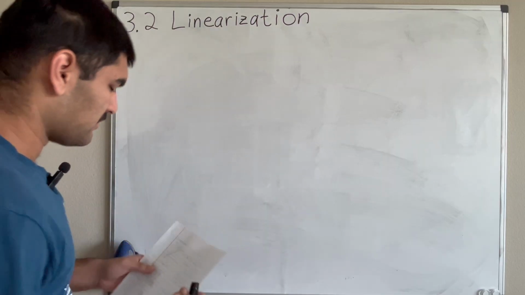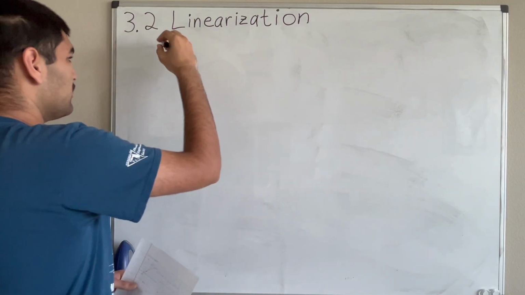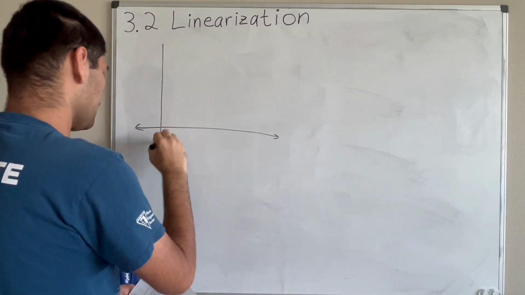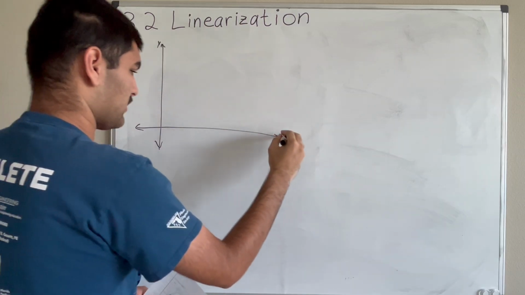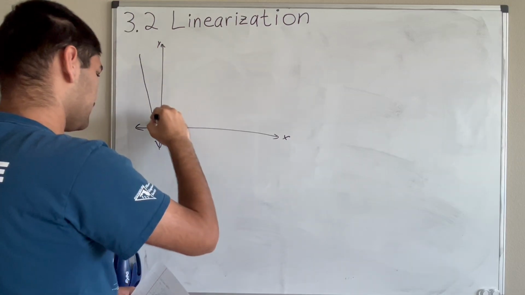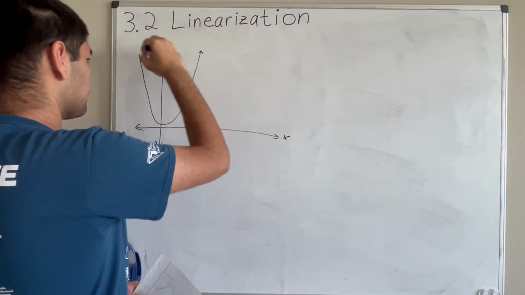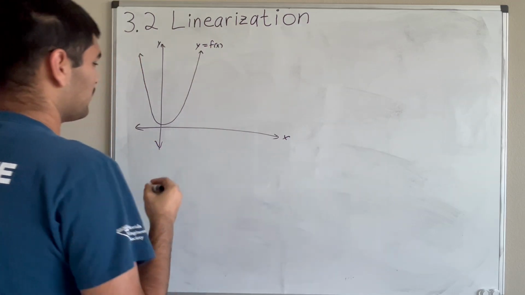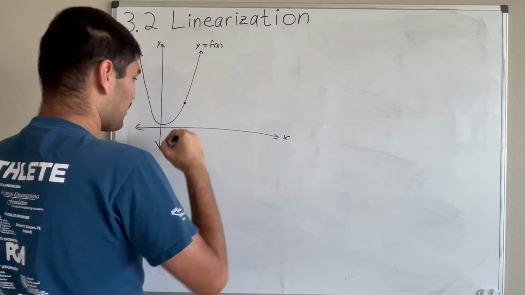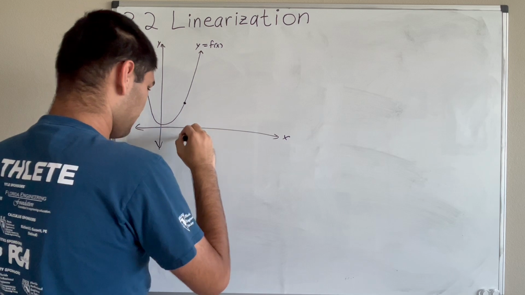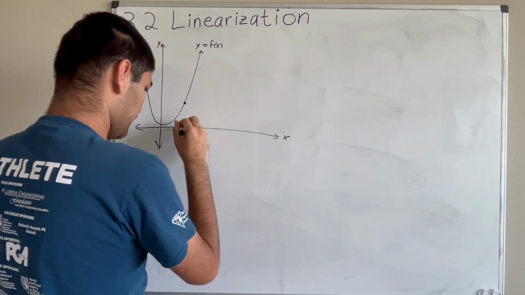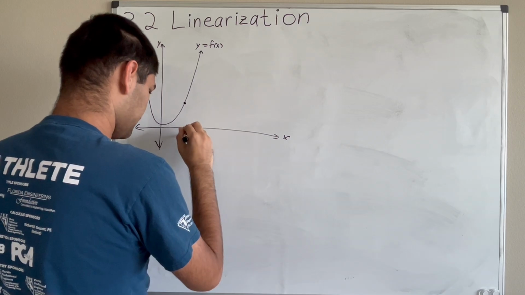Okay, so to begin with, consider you have the graph of some function that looks like this, right? And suppose you want to approximate the value of the function at some point x equals a.